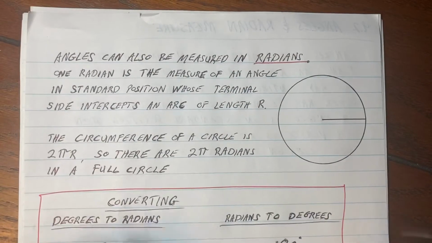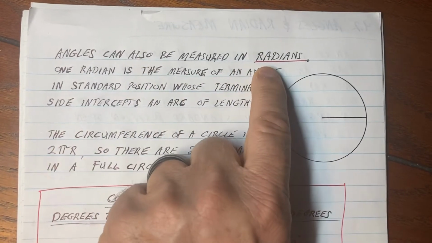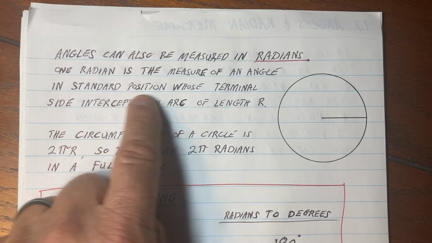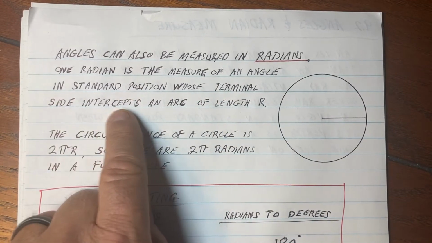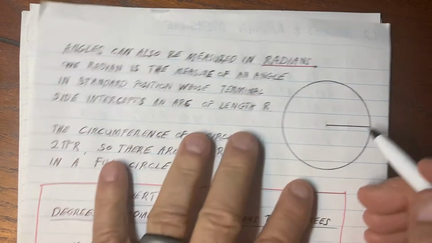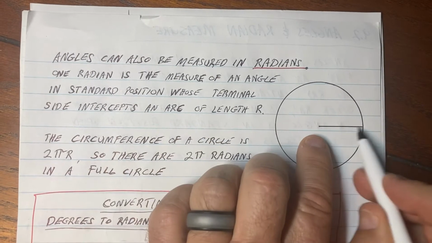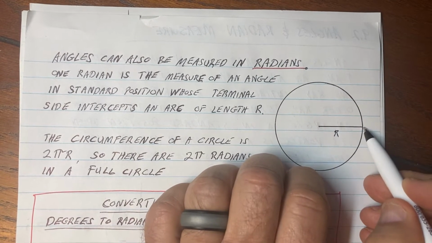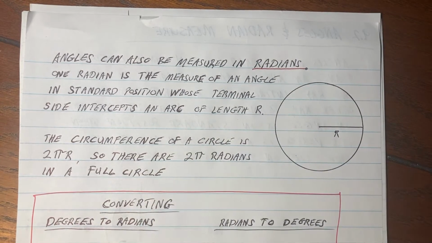Oh, how handy. Angles can also be measured in radians. 1 radian is the measure of an angle in standard position whose terminal side intercepts an arc of length r. So here's a circle, and this is considered the radius from the center to any point on the circle.